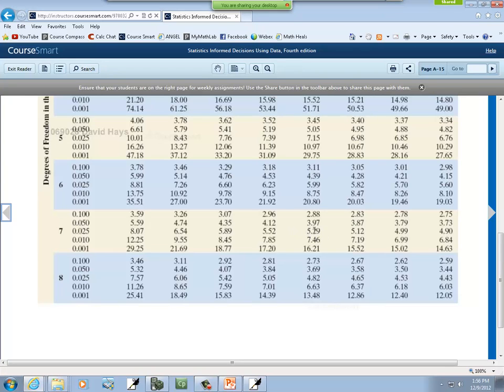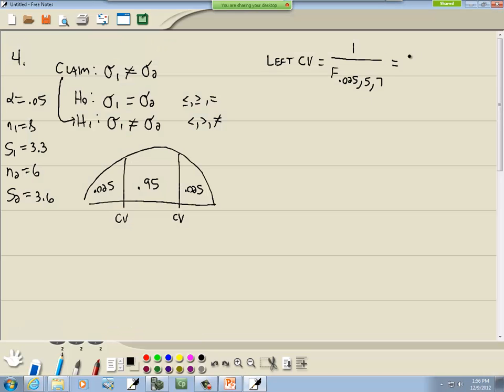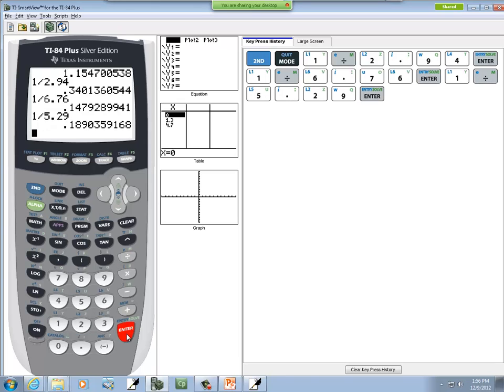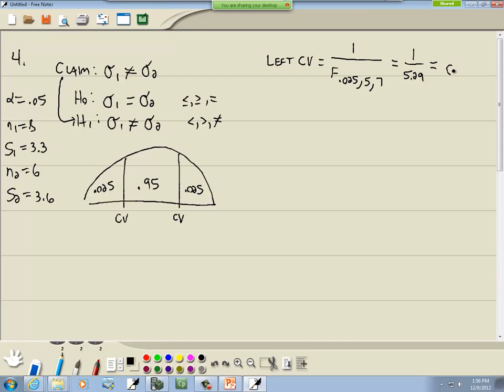Anyway, 5.29. So this will be 1 over 5.29, assuming my eyes didn't get off. So we'll do 1 divided by 5.29. 2 decimal places, 0.19. So this one is 0.19.